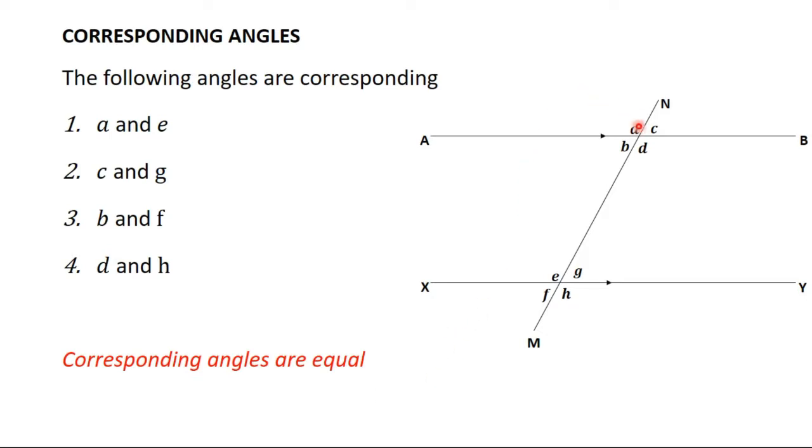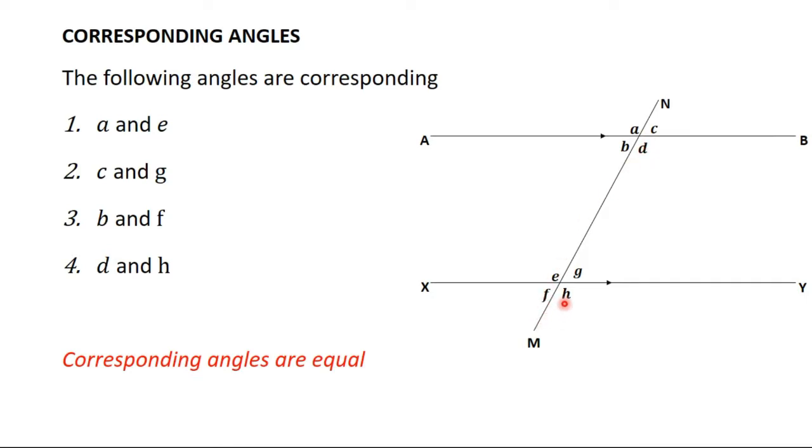So A is equal to E, C is equal to G, B is equal to F, and D is equal to H, because they are corresponding angles. Once again, look at their positions very well. So A corresponds to E, C corresponds to G, B corresponds to F, and D corresponds to H.